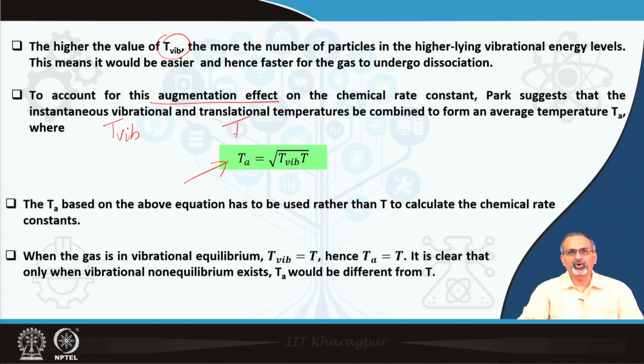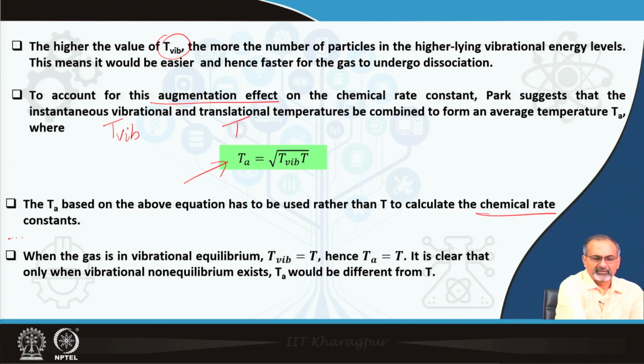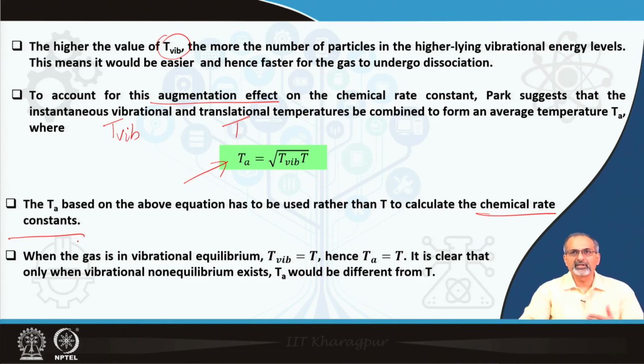So, if you take the geometric mean and get the average temperature, this is the most effective way of coupling the effects, and then the T A based on the above equation needs to be used rather than the T to calculate the chemical rate constants, and there comes the augmentation if you are already talking about larger T vibe values than the equilibrium ones.